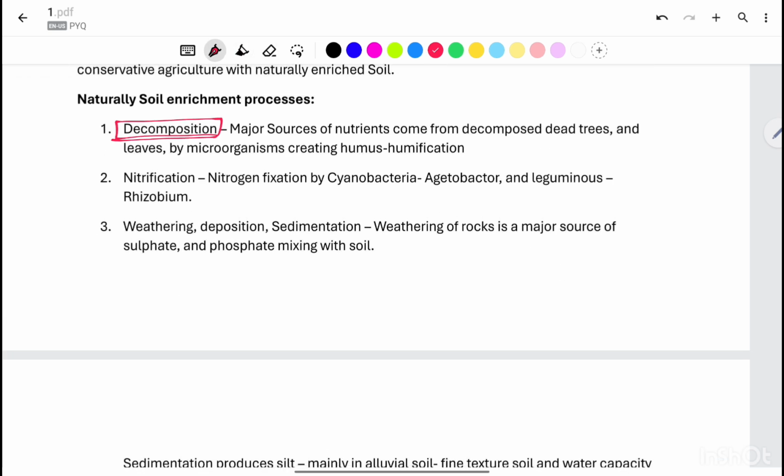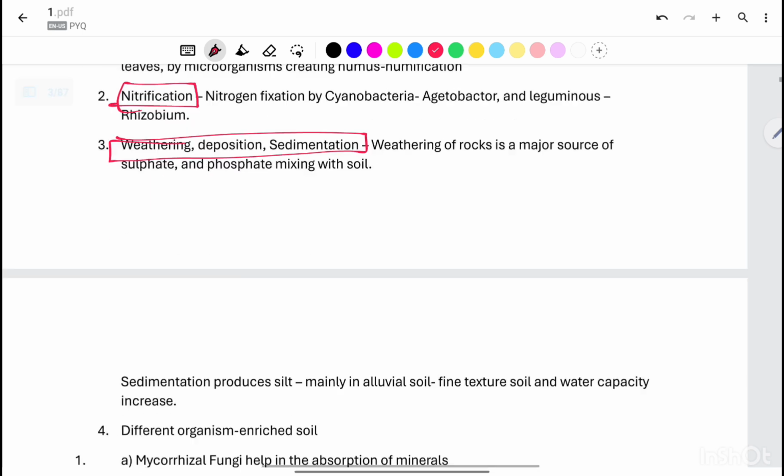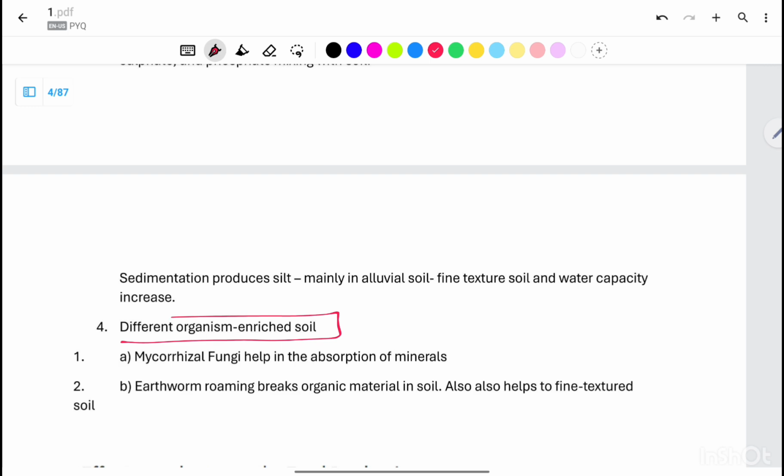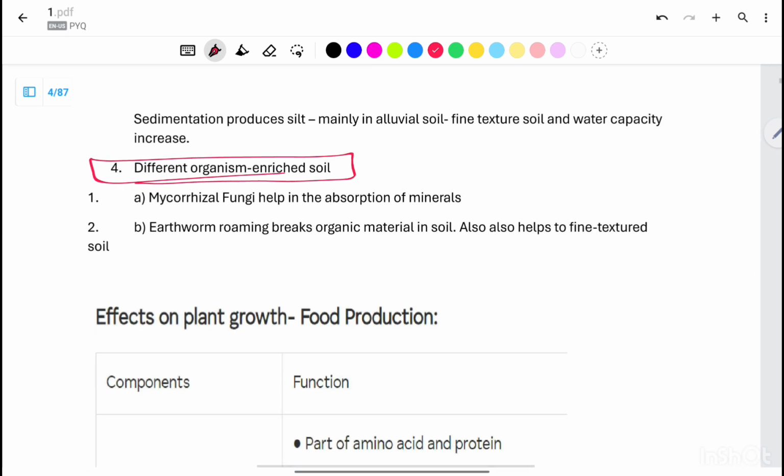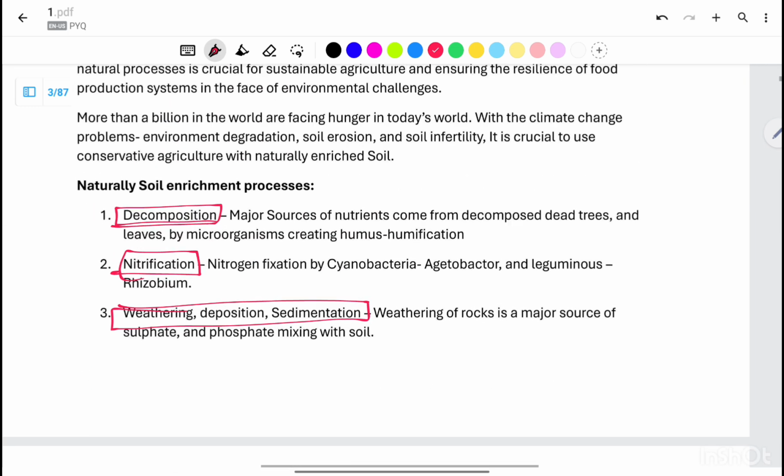The natural processes are decomposition, weathering, deposition of sediments, and nitrification. Then we have organisms which are involved in soil enrichment. So how does the soil get enriched? The soil gets enriched through decomposition of organic matter.